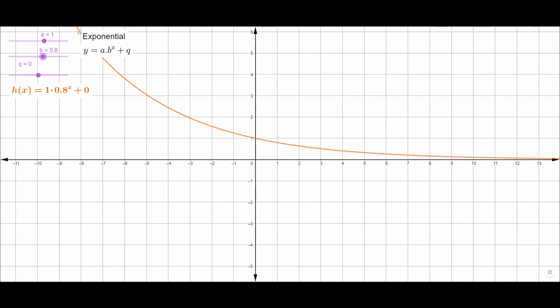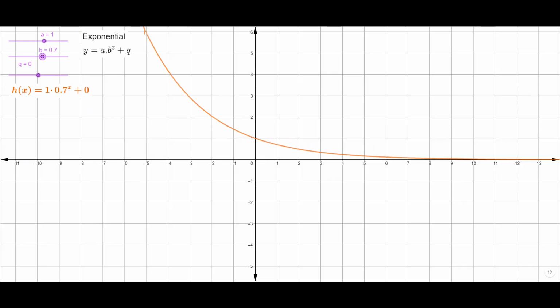That would be 8/10, which would be 4/5, right? So when my b is a fraction between 0 and 1, my graph is decreasing. Do you see that? My b can't be 1, but if my b is bigger than 1, it increases. So bigger than 1 increases, a fraction, so between 0 and 1, it decreases.